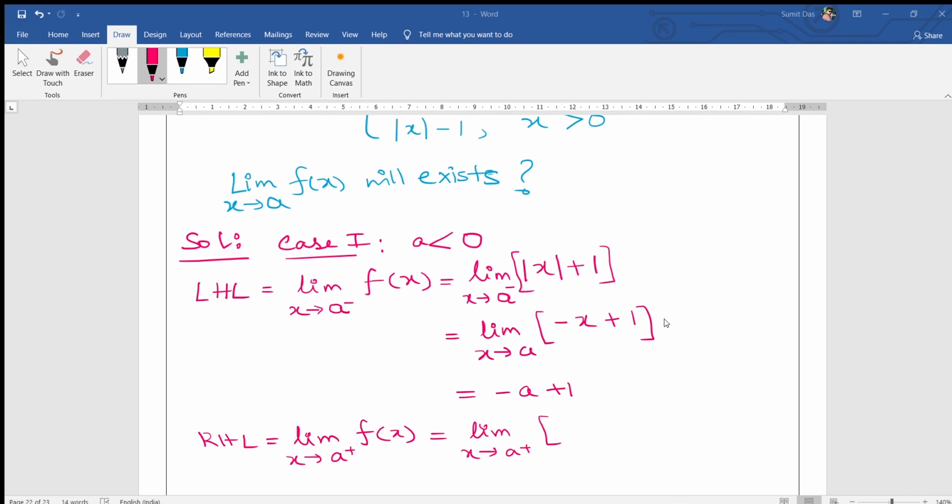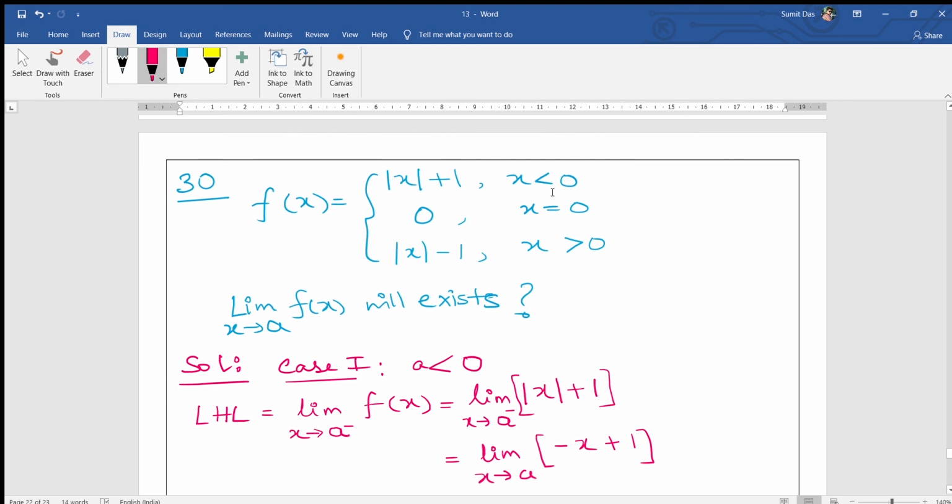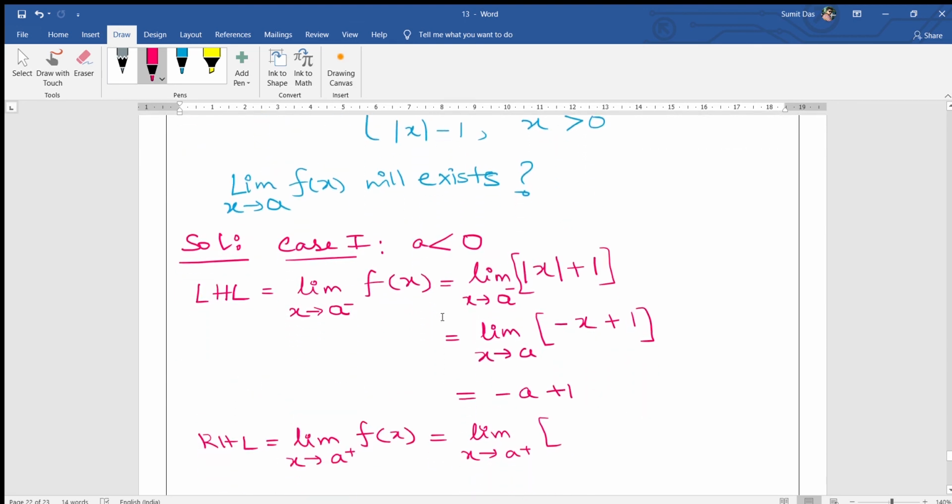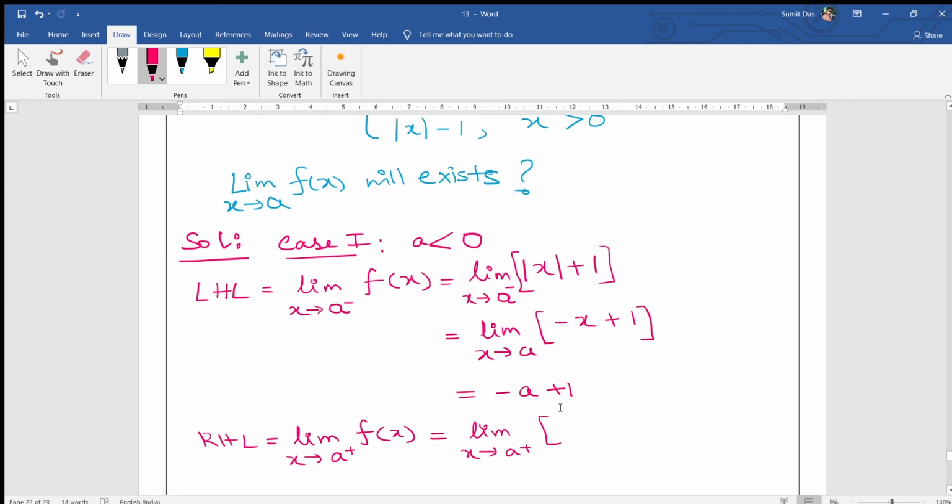You can see here x less than 0 this, x greater than 0 this, and x equal to 0 this. Here we took a less than 0. So which will we use?